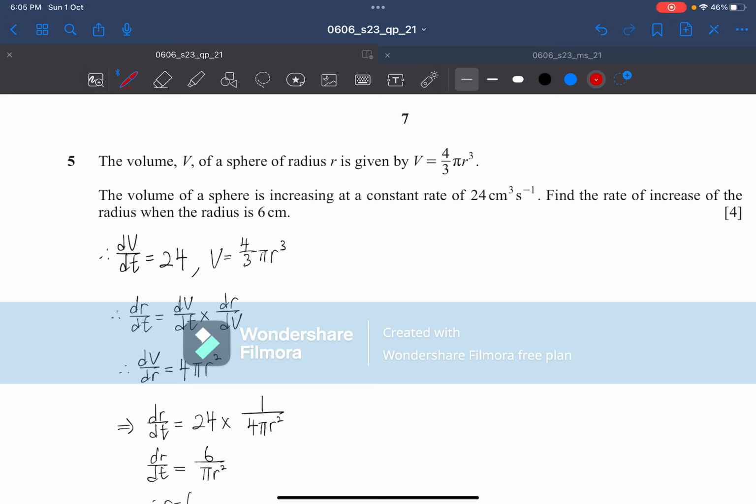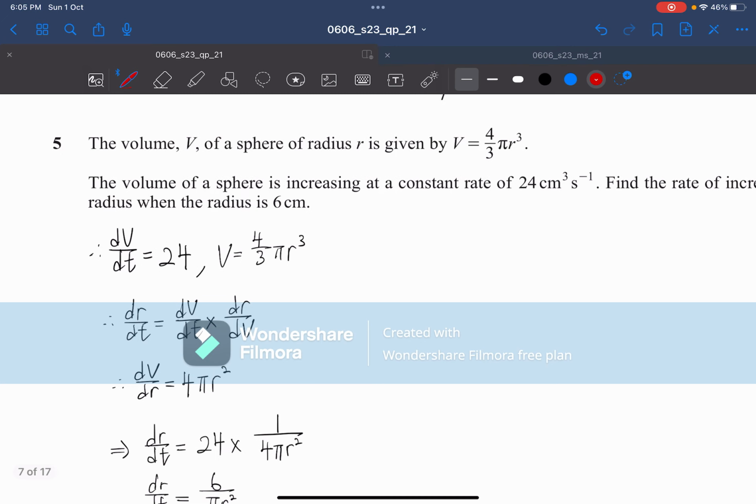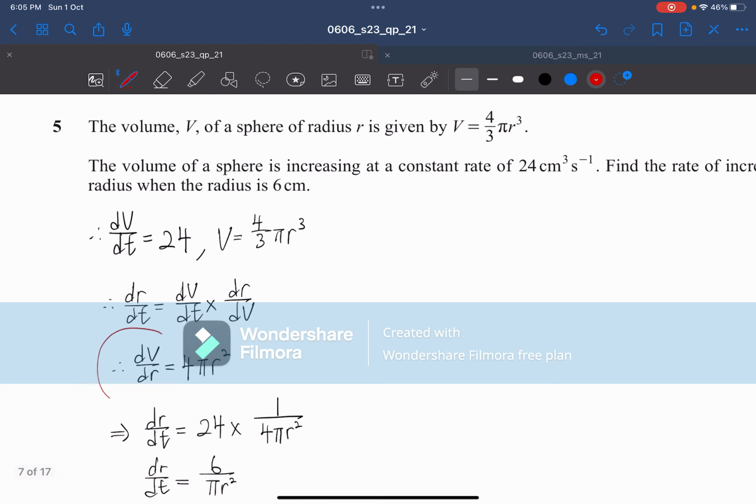And we want to find the rate of increase of the radius, which is dr/dt. So to find dr/dt, as I wrote here, it's equal to dV/dt multiplied by dr/dV. And we know that dV/dr, once you differentiate this, will be equal to 4 pi r squared.